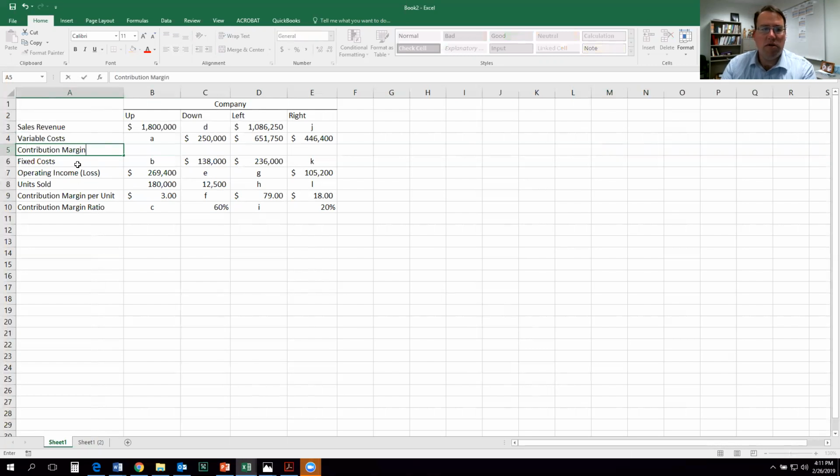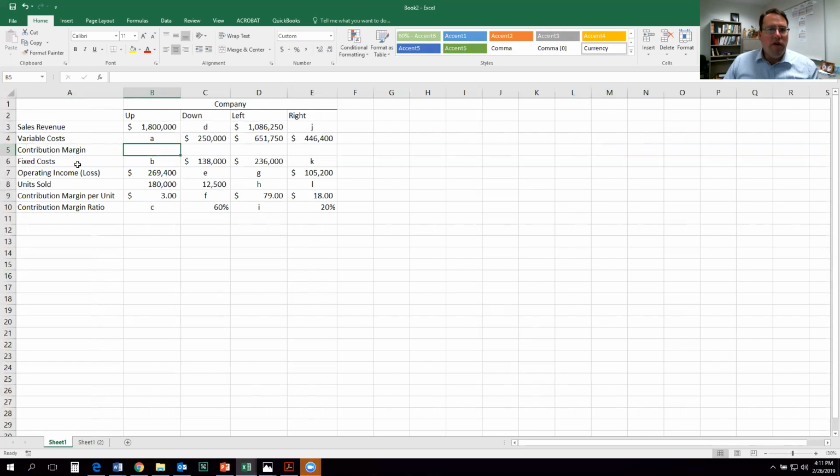Contribution margin. All right. So once I have that in place, I'm in pretty good shape to start the process. I have to start with what I know and then work toward finding these answers. So this first one, I don't know my variable costs, I don't know my fixed costs, and I don't know my contribution margin ratio.